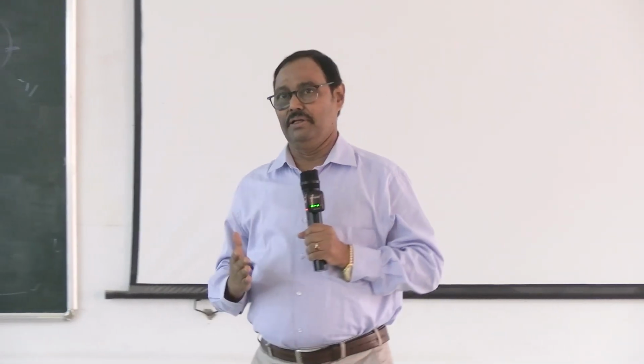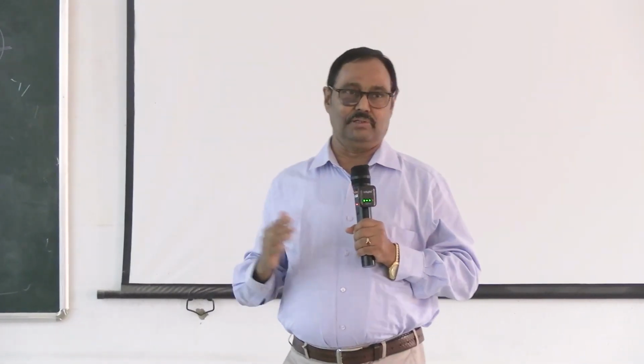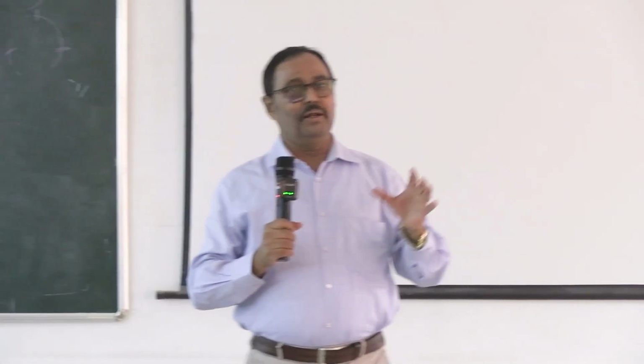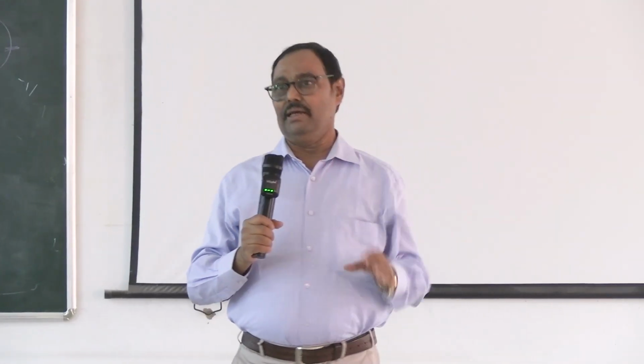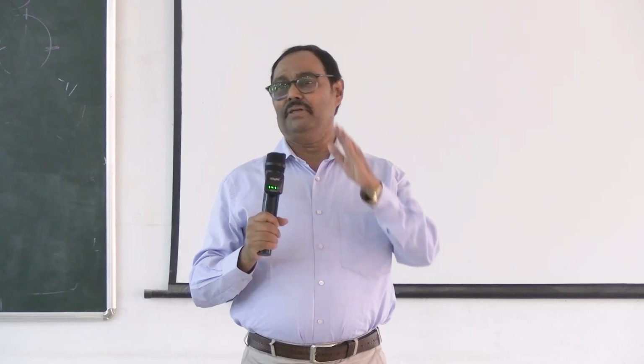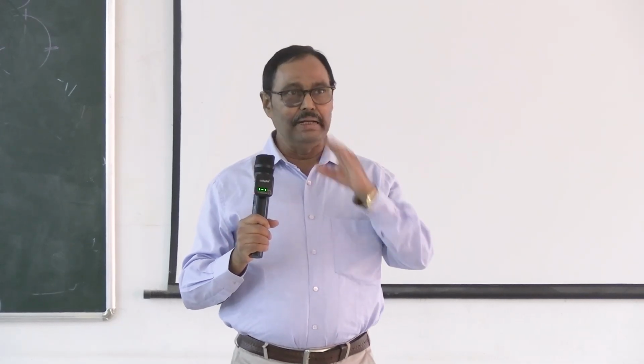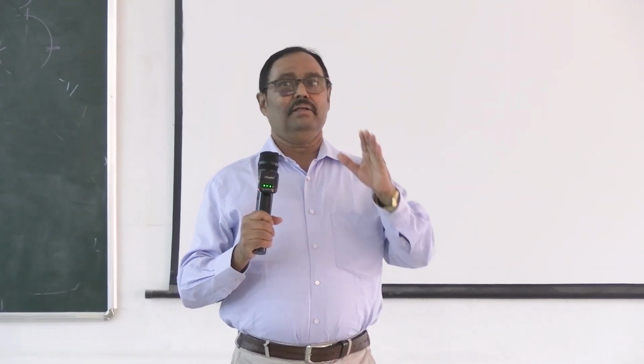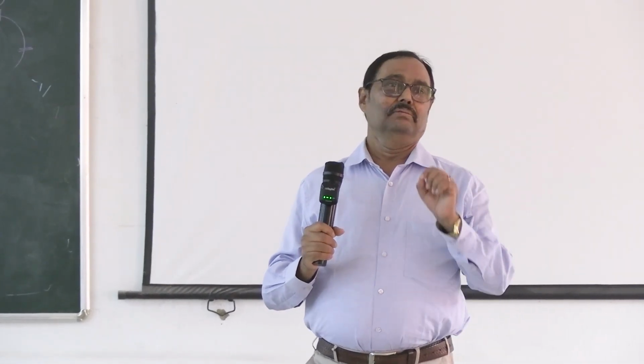So what is peripheral vascular disease? I am coming to peripheral arterial disease first. So what is peripheral arterial disease? Classically, peripheral arterial disease was defined as intermittent claudication and an ankle brachial pressure index less than 0.9.